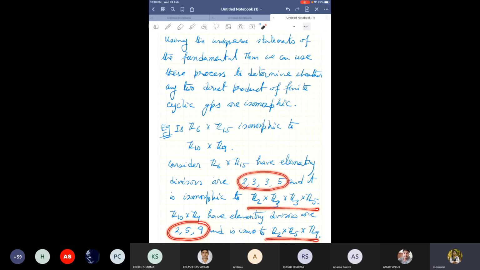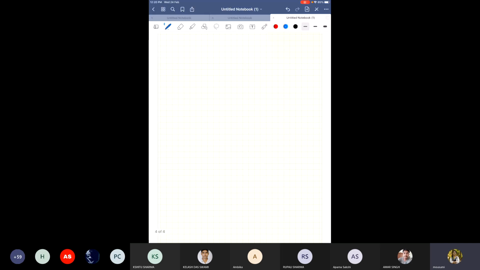So they have different elementary divisors, and that is why they are not isomorphic. Is this clear?